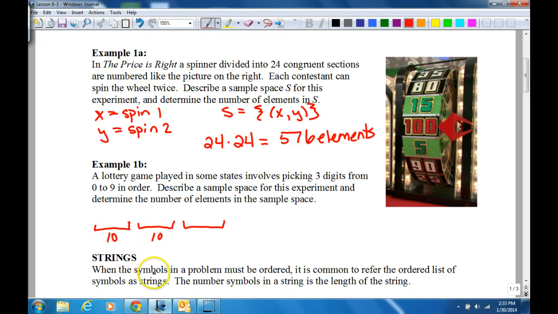10 possibilities here. 10 possibilities here. So if I multiply those out, I have 10 to the third, or how many possible numbers in my sample space? 1,000. 1,000 combinations in my numbers.